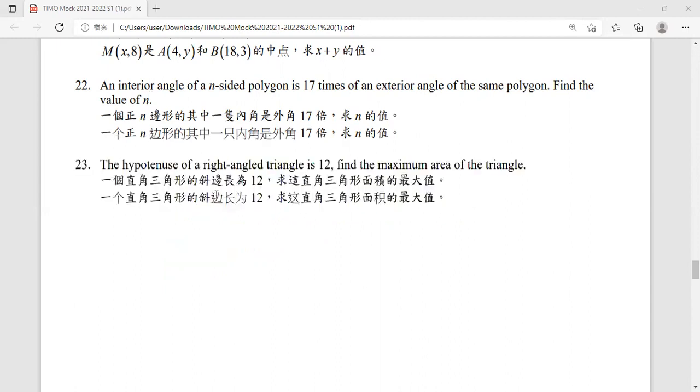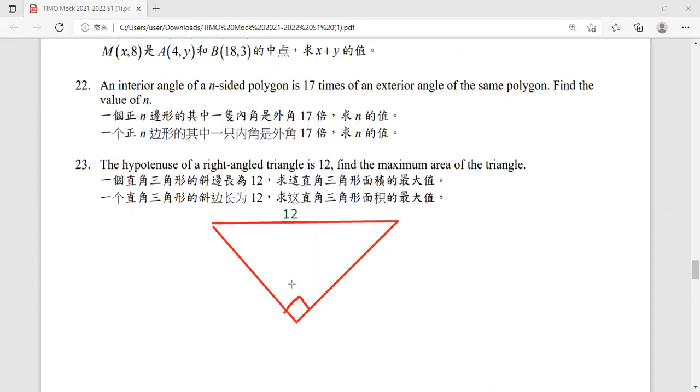Okay, question 23. This time you draw the diagram again. Does it seem familiar? It's almost the same as question 19.